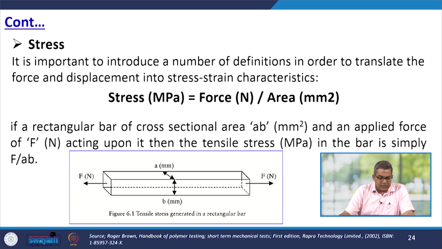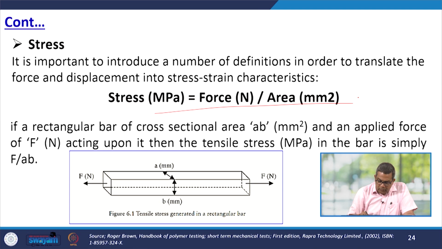Let us talk about the stress. It is usually important to introduce a number of definitions in order to translate the force and displacement into stress strain characteristics. So, the stress, usually represented in megapascal, is equal to force over area in mm squared.